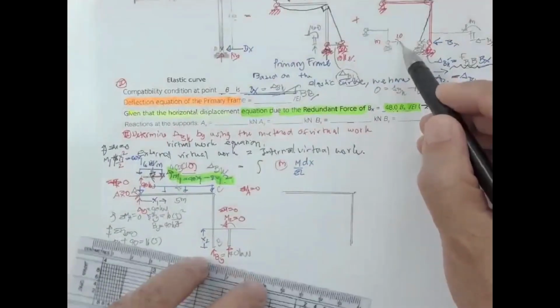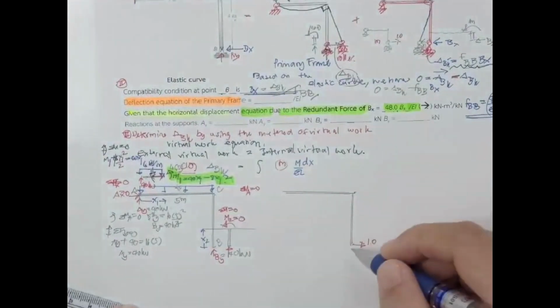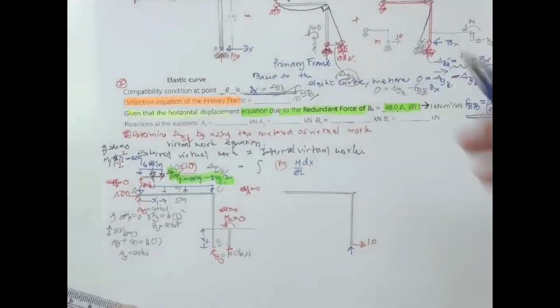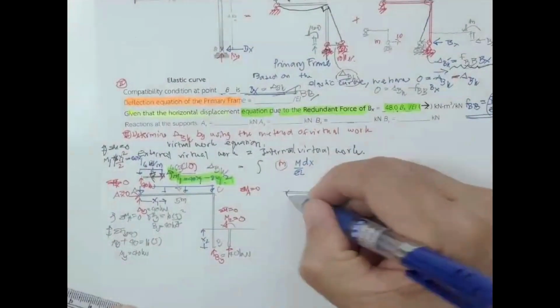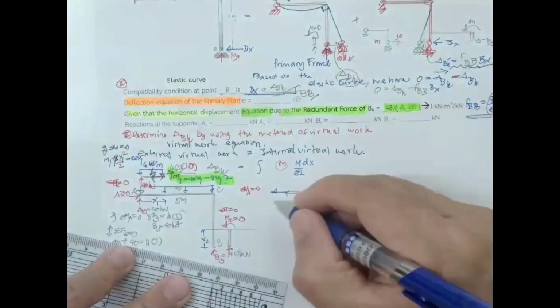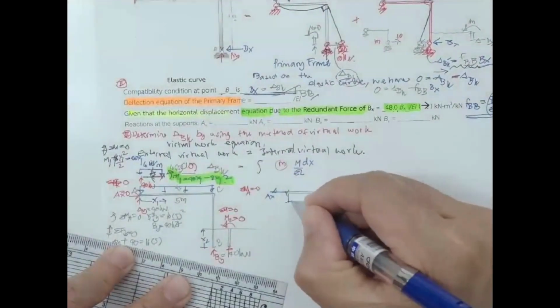Okay, the small m is going to be due to the virtual 1.0 unit load here. And since this is the roller, let me put this one to be B sub Y. And this is still the pin. This is going to be A sub X. And since no vertical load, this is upward. This is going to be downward A sub Y.